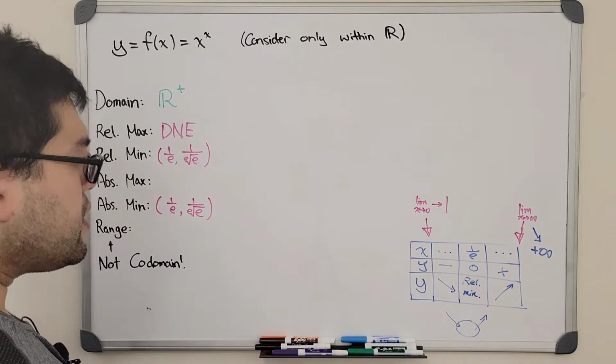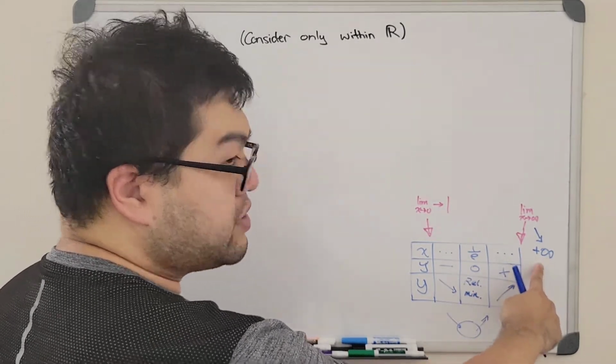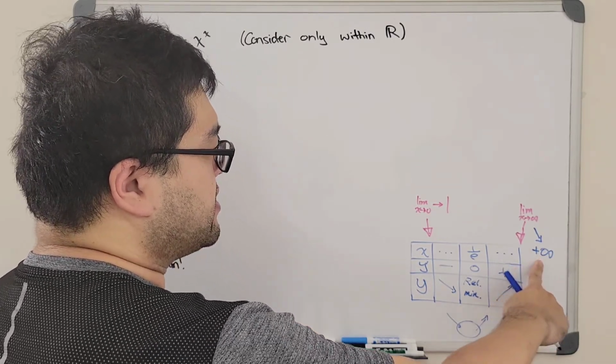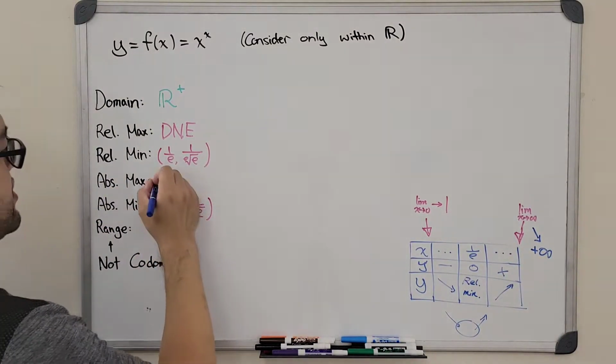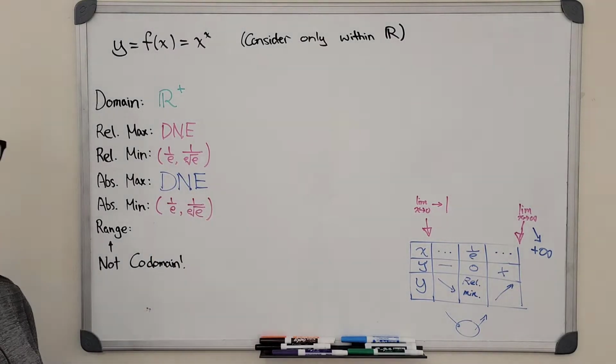Therefore, since there is no bound here, or we cannot choose any number that gives us a bound, there is no absolute maximum. So this does not exist.